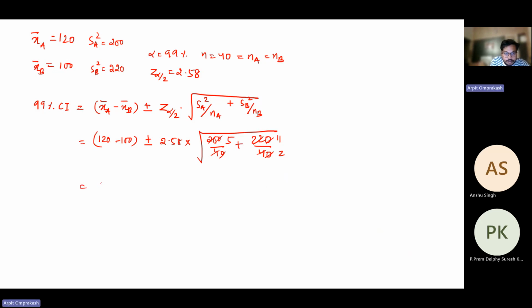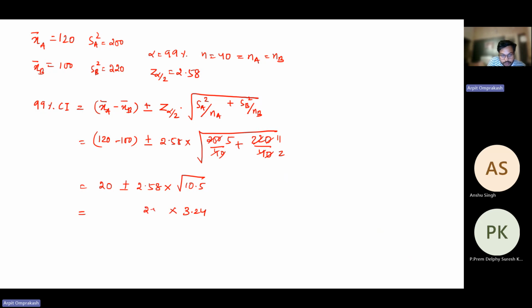This 120 minus 100 is 20 plus minus 2.58 into the root of 5 plus 5.5, which is 10.5. The root of 10.5 is 3.24.